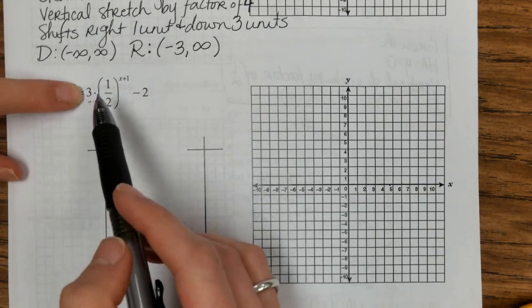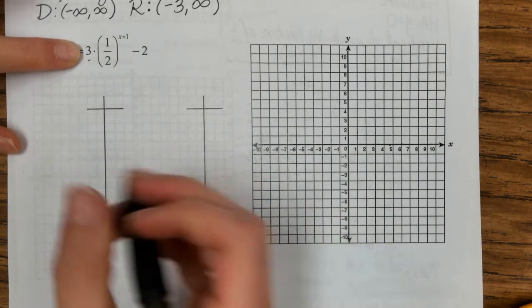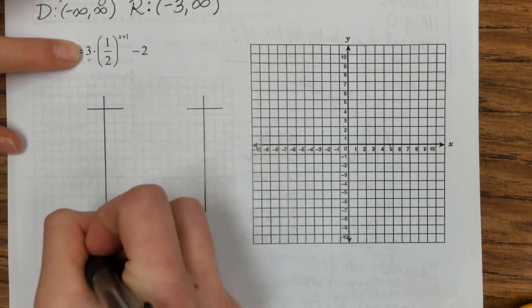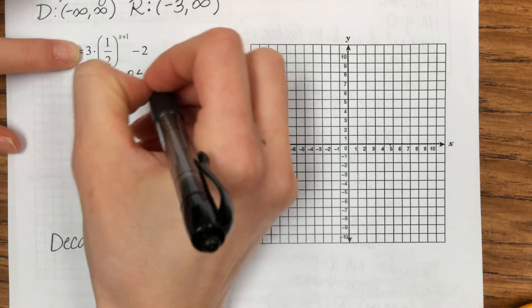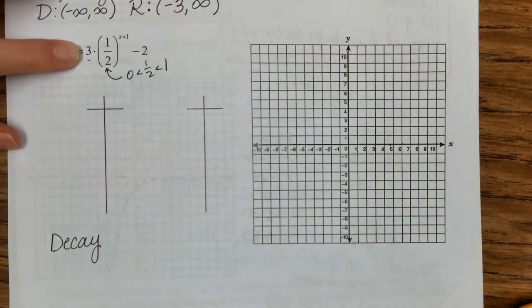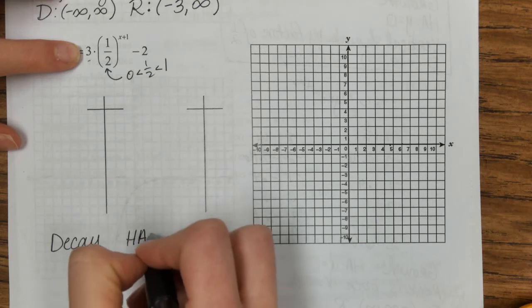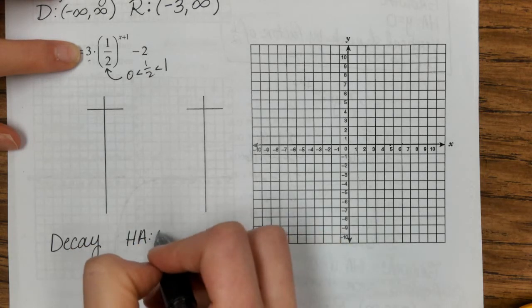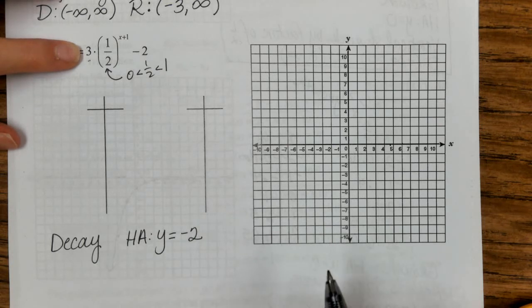So, would this be a growth or a decay? It would be a decay because 1/2 is between 0 and 1. Okay? What would my horizontal asymptote be? Y equals negative 2. Make sure you have y equals when you do it. Okay, what are my transformations going to be?